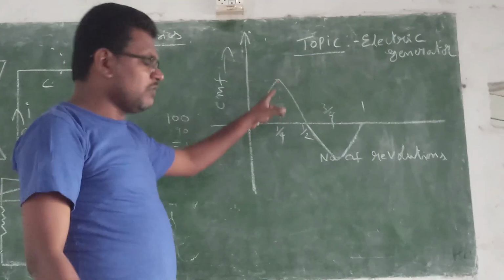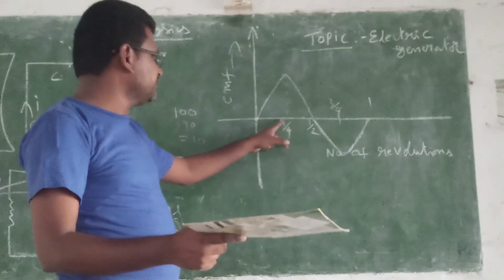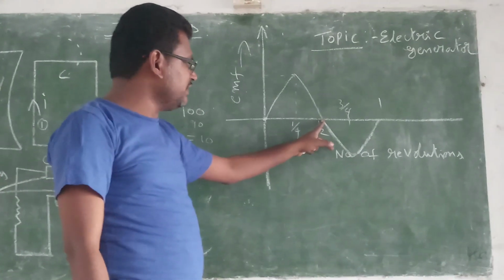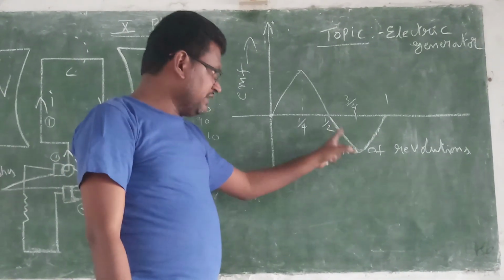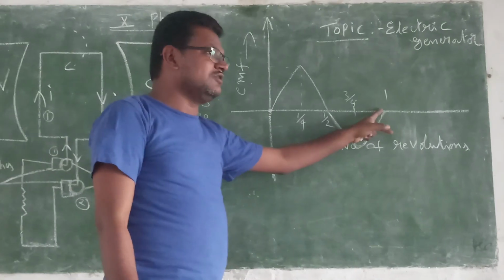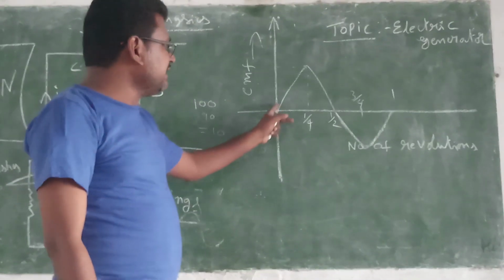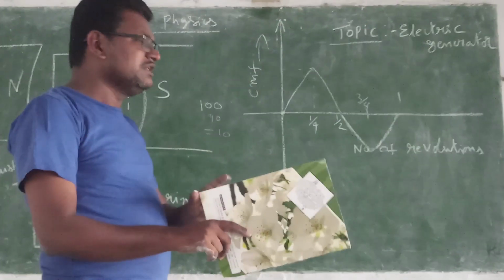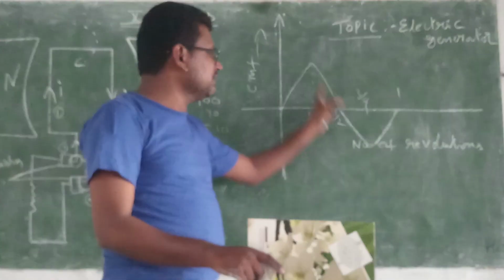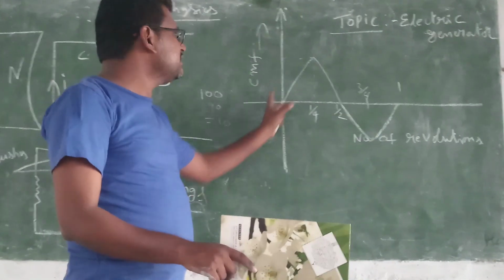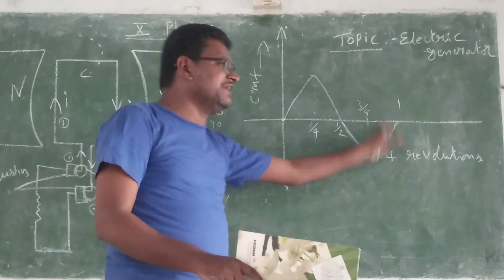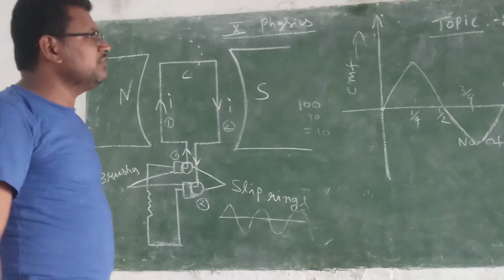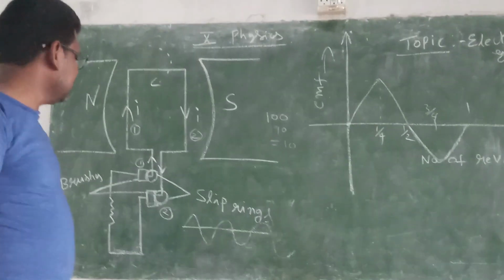For the quarter cycle rotation, this is the EMF. For the next quarter cycle, this is the EMF, and for the next quarter cycle, this is how the direction of EMF induced changes in one complete revolution. In the same way, the induced current direction also changes. So this is a very simple working of the electric generator.